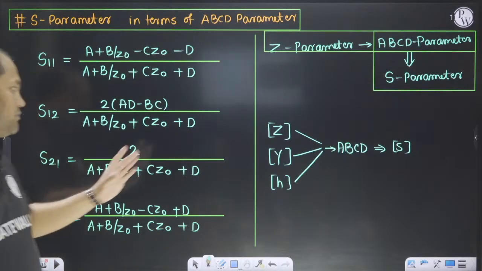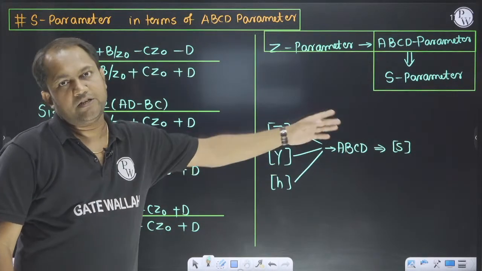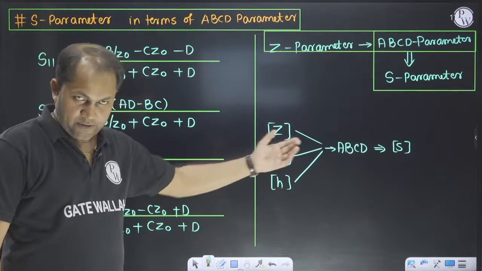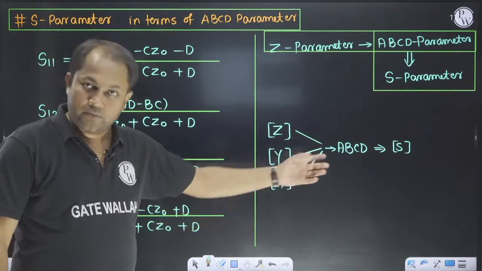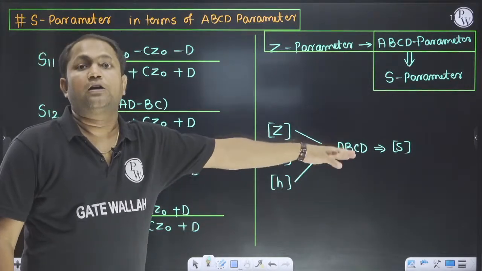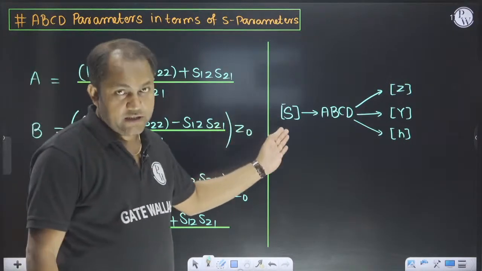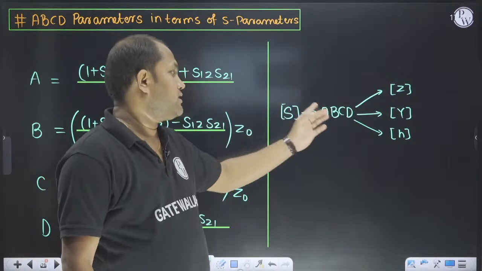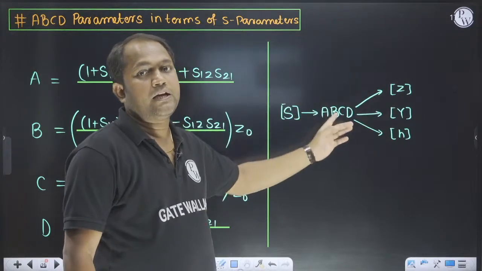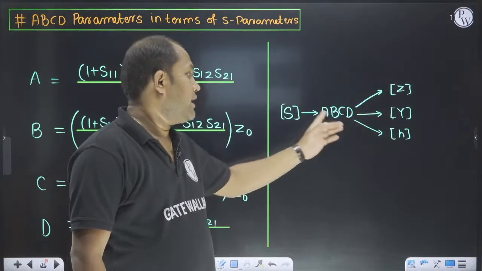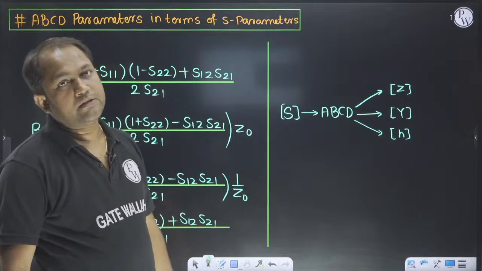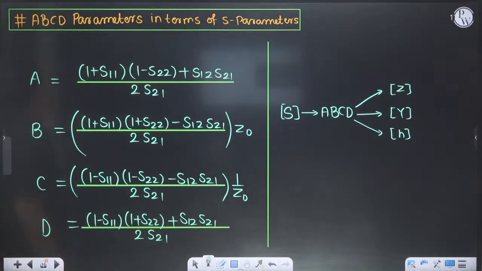So they will ask from Z to S parameter, Y to S, H to S, or ABCD to S. Or they will ask S parameter to Z parameter: S to ABCD, then Z; S to ABCD, then Y; S to ABCD, then H. In this way you can find the formula.